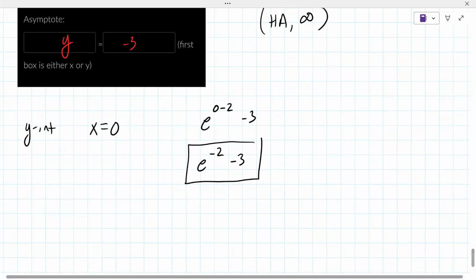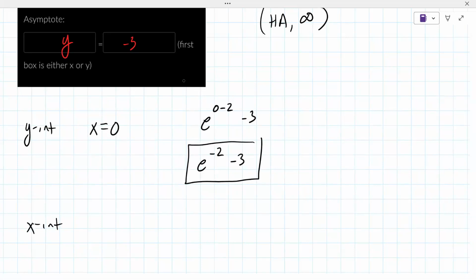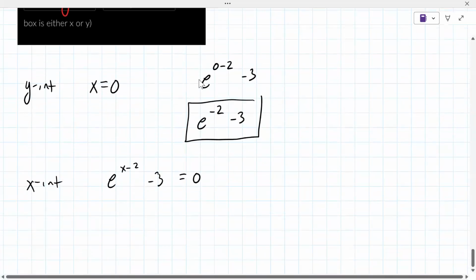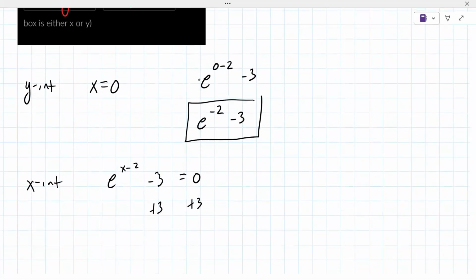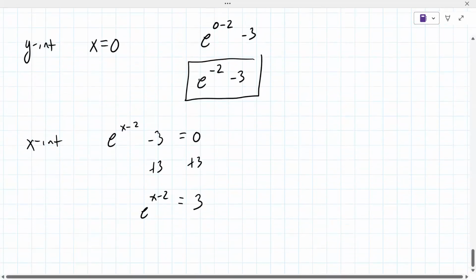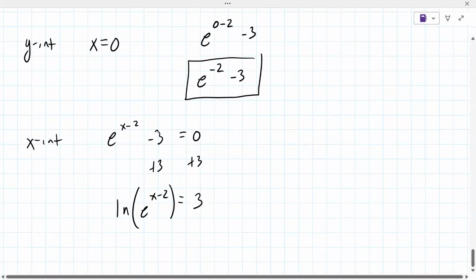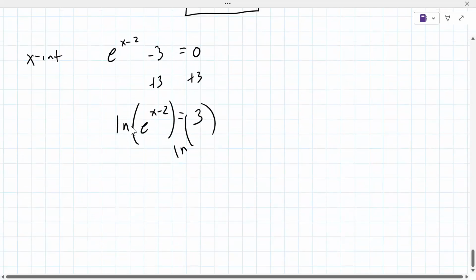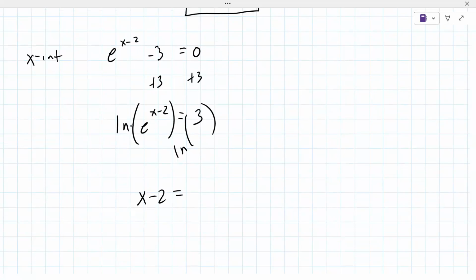Is that okay? Yes. All right, now the x-intercept is setting the whole thing equal to 0. e to the x minus 2 minus 3 equal to 0. To solve, you add 3 to both sides. e to the x minus 2 equals 3. You take the natural log of both sides. On the left, it just becomes the exponent.